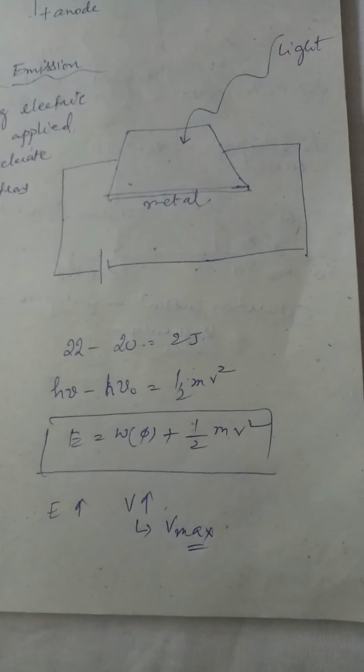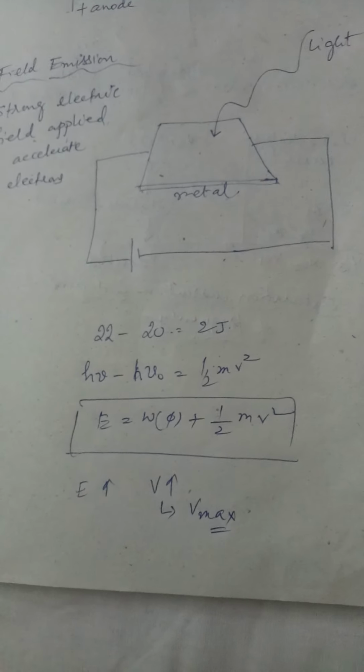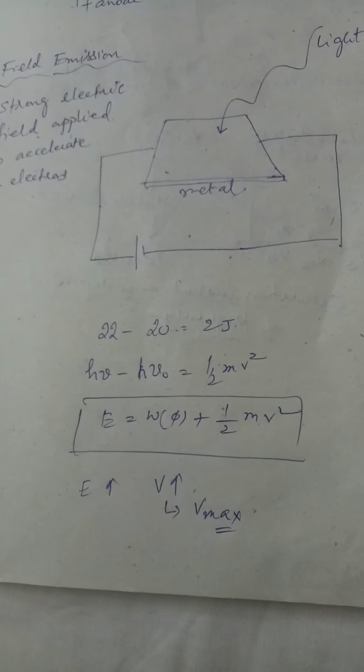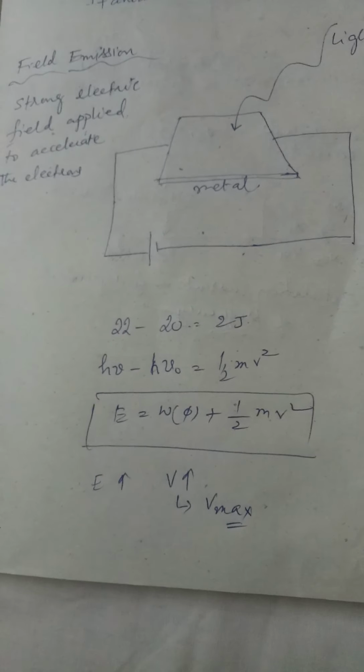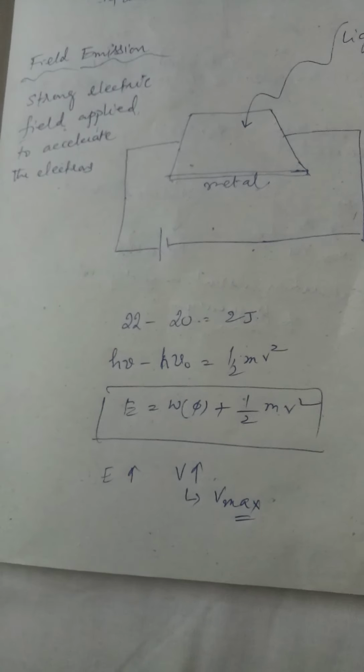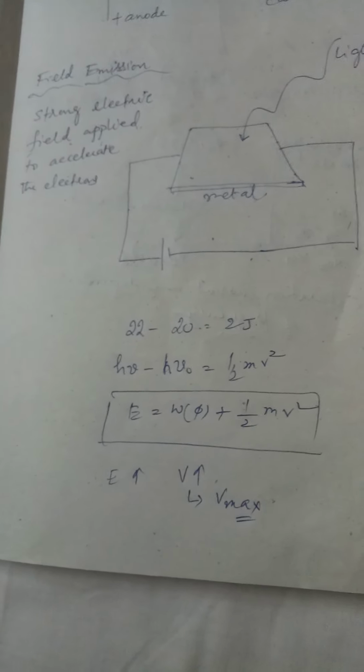Now here, this work function is a constant. So if you are increasing the energy, the velocity of the electron emitted from the conductor will increase, and at some point it will attain its maximum.